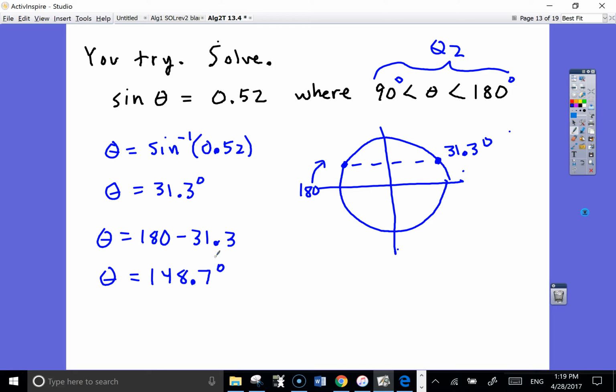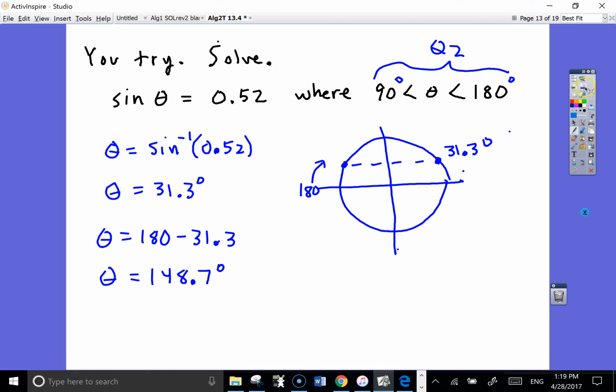Again, you can check by taking the sine of 148.7, and I get 0.52.